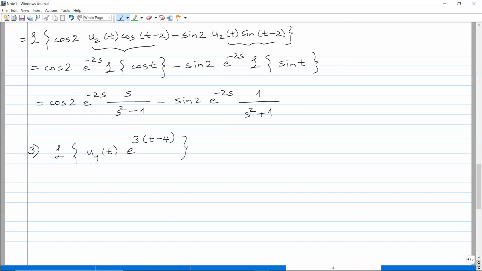So I have u4 and t minus 4. So this is e to the minus 4s times the Laplace transform of e to the 3t. So e to the minus 4s, the Laplace transform of e to the 3t, 1 over s minus 3.